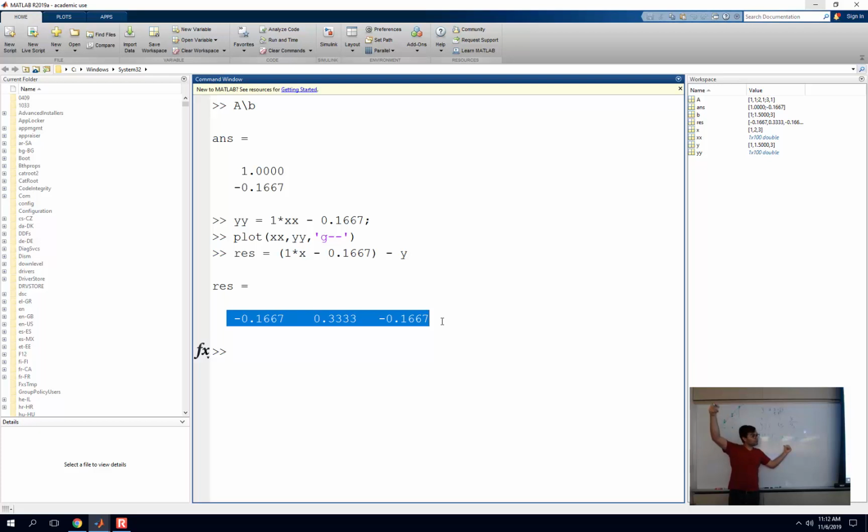You raised it to the power of 2, now you square it back. You take the square root and take it back to the same scale. So root mean square error is one metric.